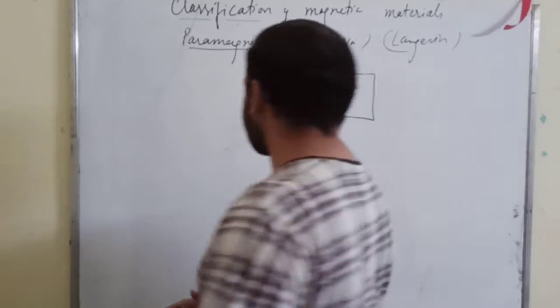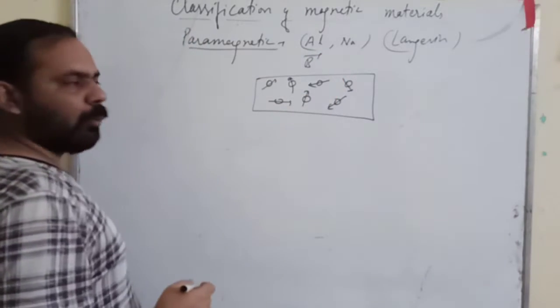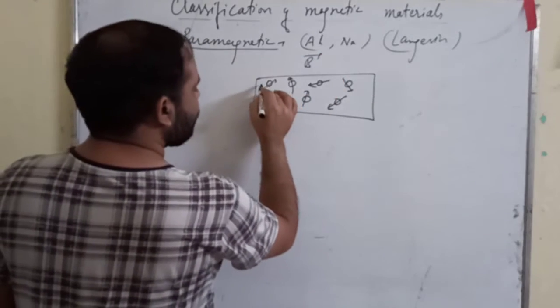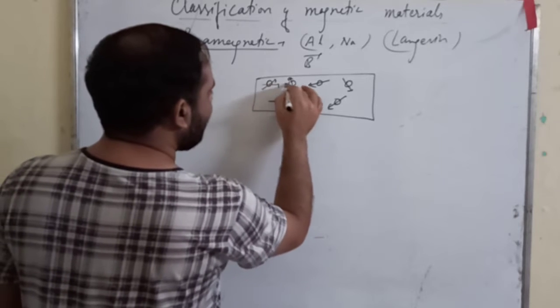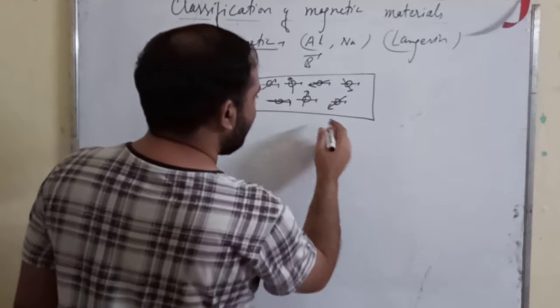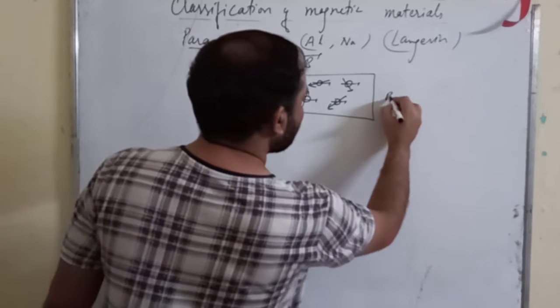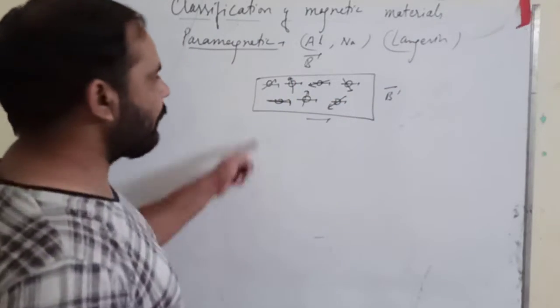But when we place them inside a magnetic field like this, slowly and gradually they start to align themselves along the direction of the magnetic field, and hence they develop a dipole moment in this direction.